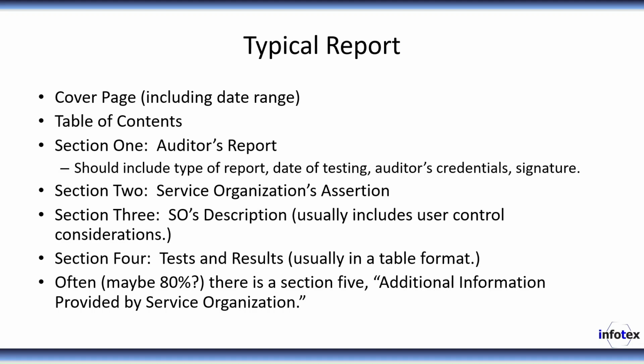Section 2, which goes over the service organization's assertion. Section 3, the service organization's description, which usually includes user control considerations. Section 4, the tests and results, usually in a table format. And then Section 5, or really the vast majority of the report, additional information provided by the service organization.